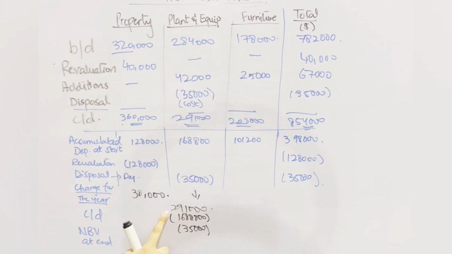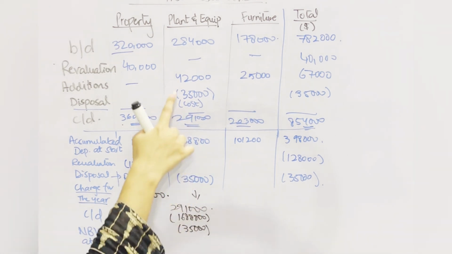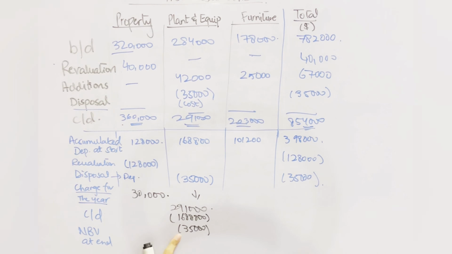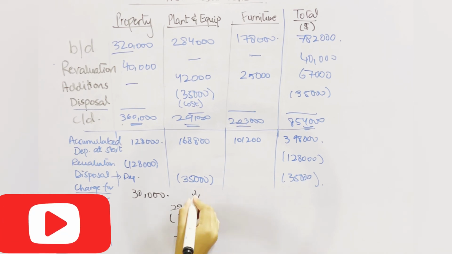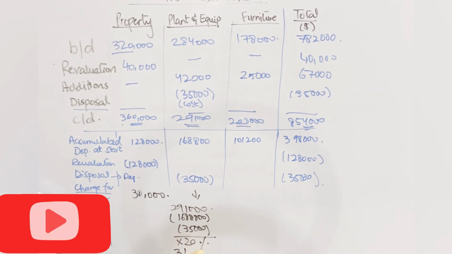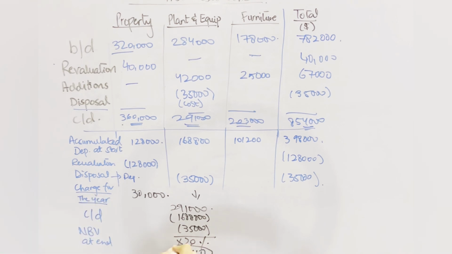So in this amount you have included 42,000. 291,000 is basically inclusion of the addition, and you're supposed to subtract 35,000, which is the depreciation, and the accumulated depreciation, and apply 20% to the value you get, which will give you a total of 31,440. So this is the current year depreciation for plant and equipment.